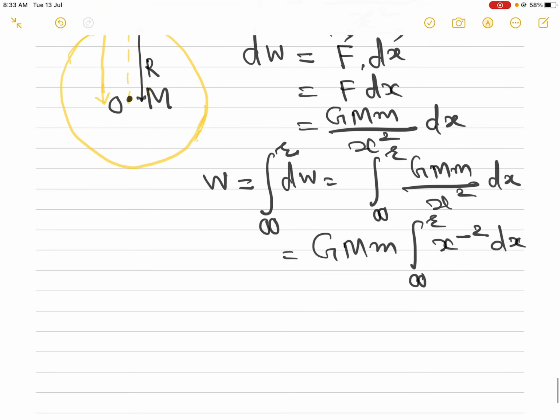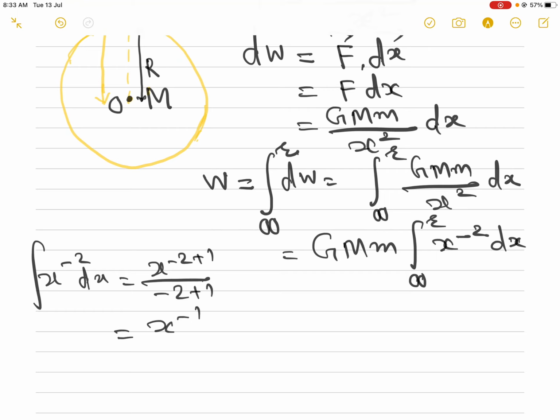Now, we will integrate it, x to the power minus 2 dx will be, using the formula x to the n plus 1 upon n plus 1, x to the minus 2 plus 1 upon minus 2 plus 1, it will be x inverse upon minus 1, it will be minus 1 upon x. So, it is G M m into minus 1 upon x from infinity to r.